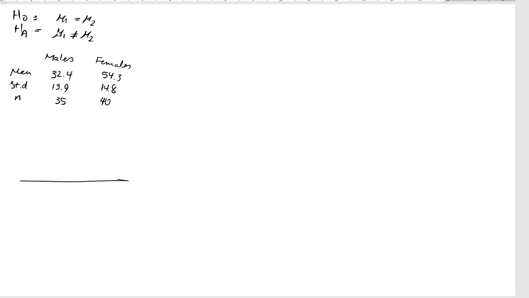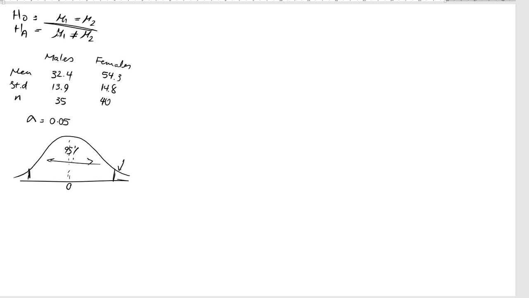Now, to draw the distribution, I know that based on the null and alternative hypothesis, I'm dealing with a two-tailed test. So that's 0. Therefore, the rejection area should be on both tails, on the right and the left. What is the confidence level? Alpha is given to you as 0.05, so 95% confidence level.